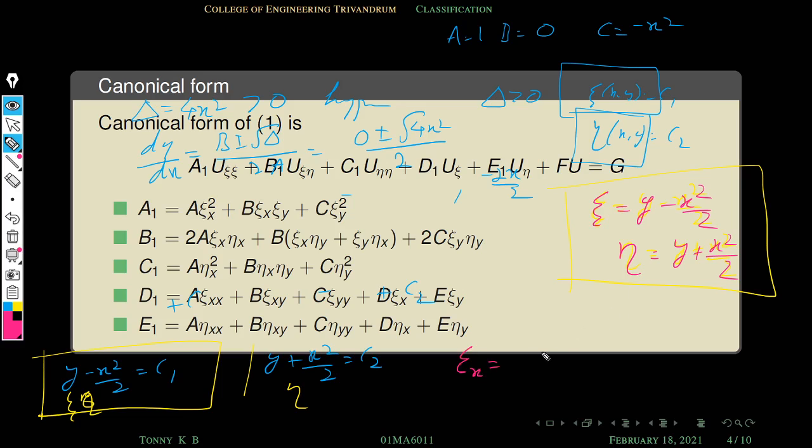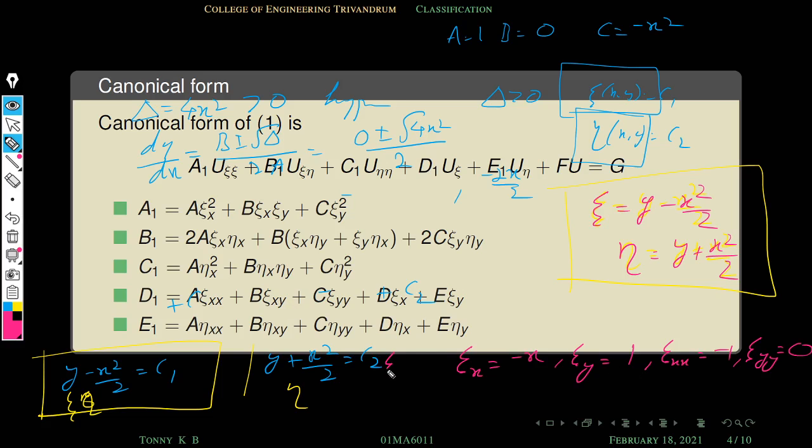Psi x is minus x, and what about psi y? Psi y is 1. What is psi xx? Minus 1. Then psi yy is 0. Then we need one more, psi xy.